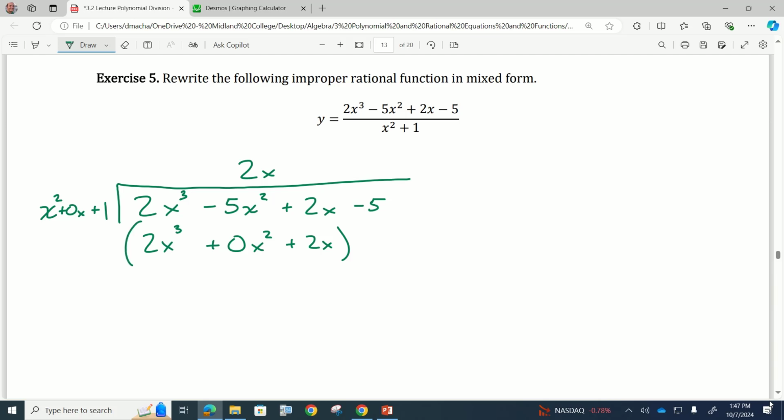Put down the parentheses and then subtract. So 2x cubed minus 2x cubed is 0. Negative 5x squared minus 0 is still negative 5x squared. 2x minus 2x is 0x. And then I bring down this negative 5 at the end. Okay? Now we ask, what times x squared gives me negative 5x squared?